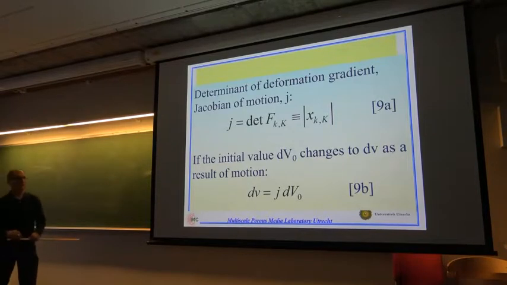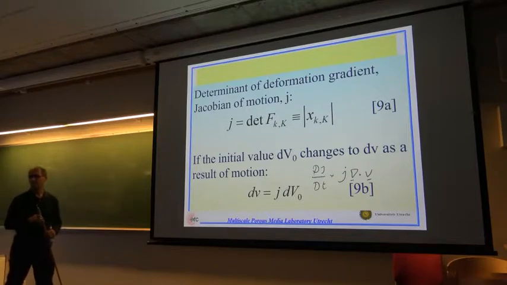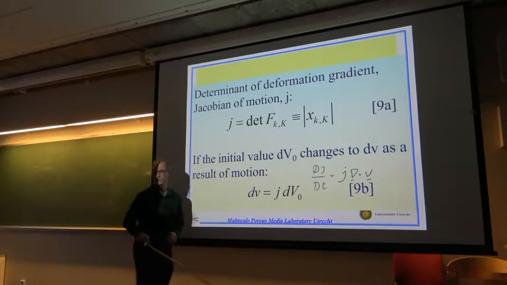And in fact, we can also prove that the time derivative of this Jacobian is equal to the divergence of velocity, which is the dilatation. This is dilatation. So 1 over J dJ/dt is dilatation.